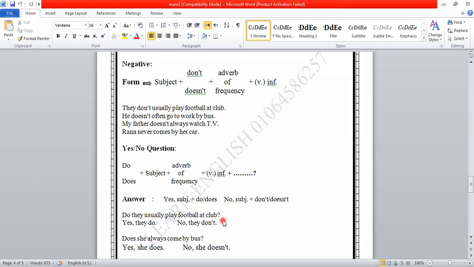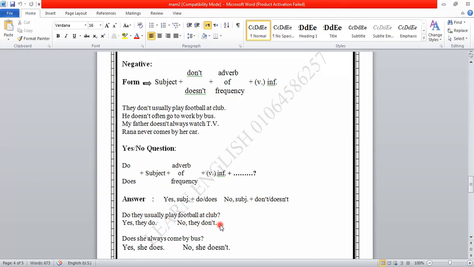Number 1, do they usually play football at club? We put do, then the subject, and the adverb of frequency, the main verb in infinitive form, and we completed the question. Answer with yes, they do, or no, they don't.